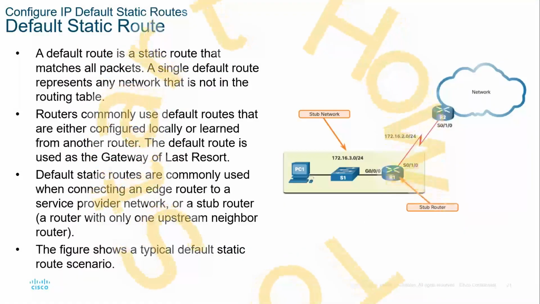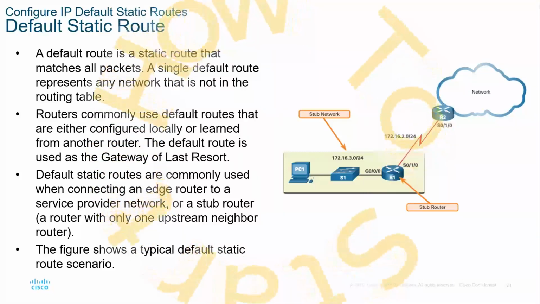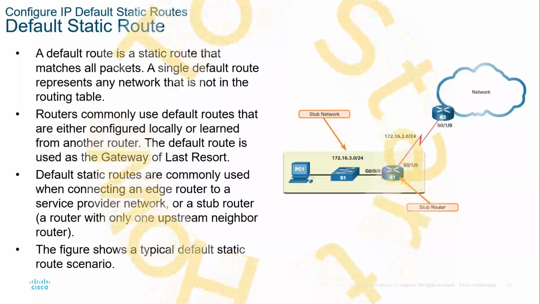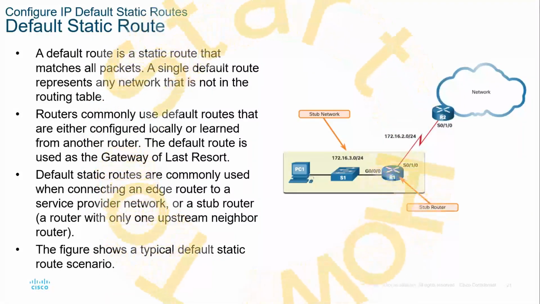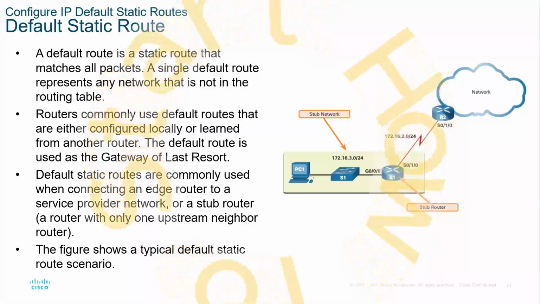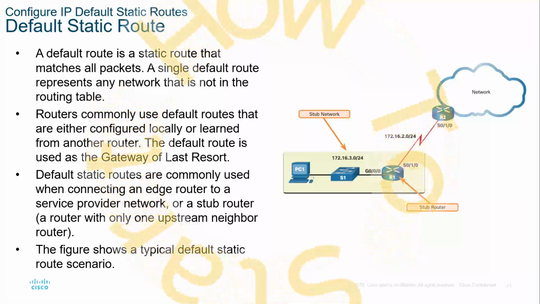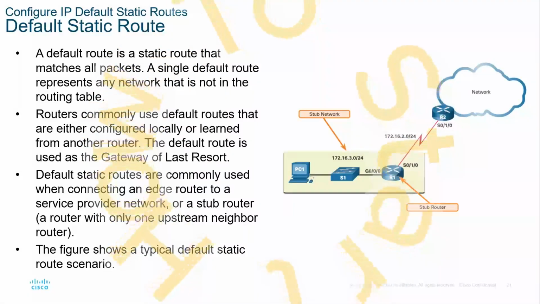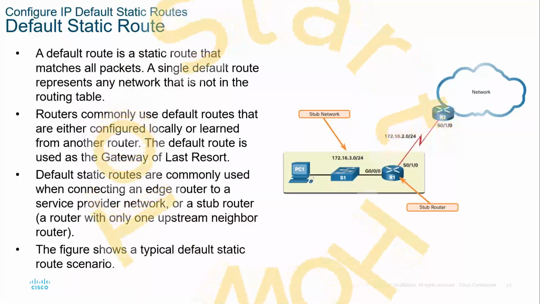We can say match all packets, and we can set a default route if we want to. Routers commonly use the default route, either configured locally or learned from other networks. The default route is basically the route of last resort. So if it doesn't have a matching address in the route table, we can say send to our gateway of last resort.